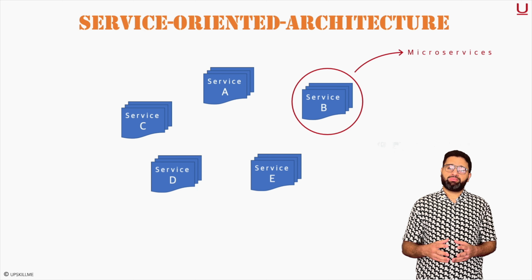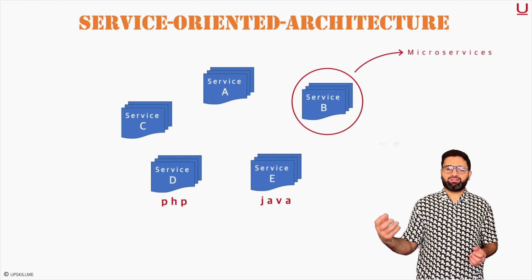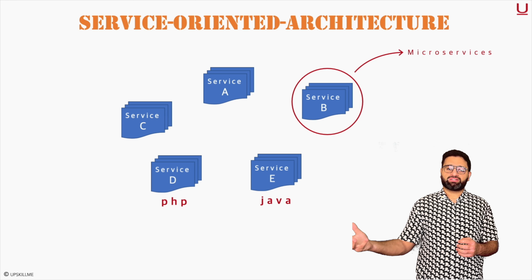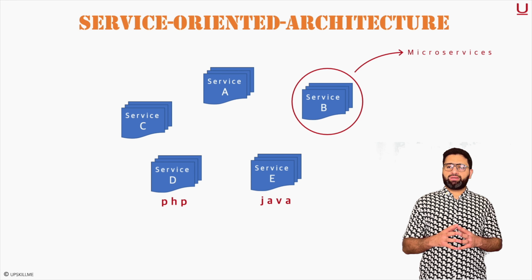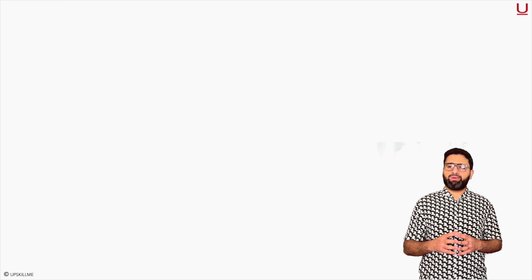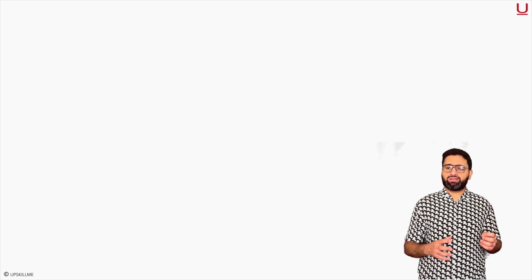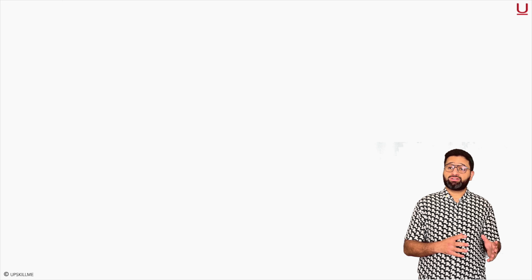Some services may be written in PHP, some may be written in Java, all communicating with each other to accomplish the desired task. All modern web applications that are developed today make use of service-oriented architecture in some way. Web applications like YouTube, Facebook, or Netflix may have hundreds or even thousands of microservices.